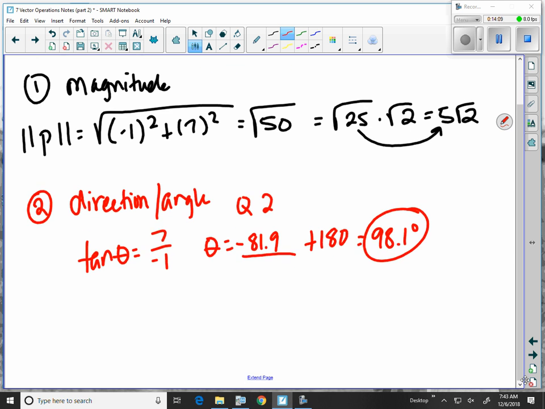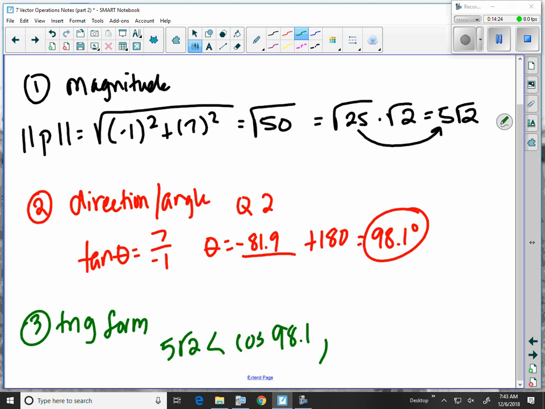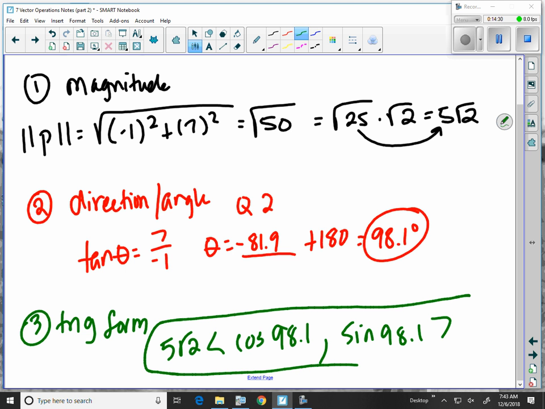Last step, put it in trig form. If I asked you to solve it, you can solve it.